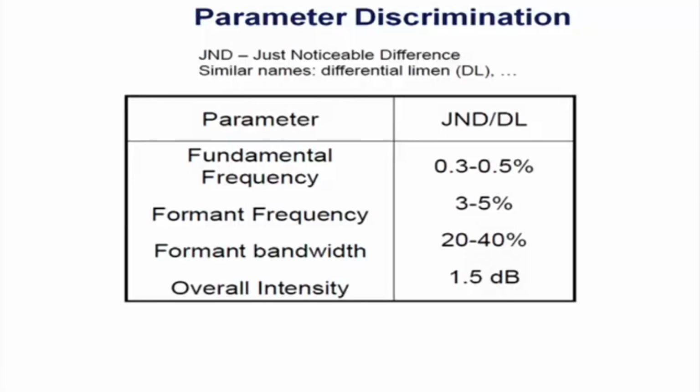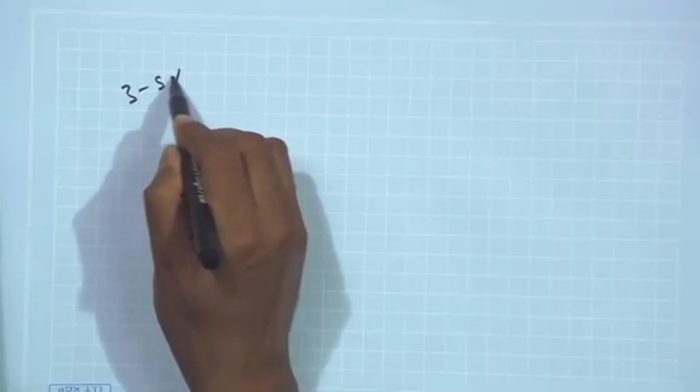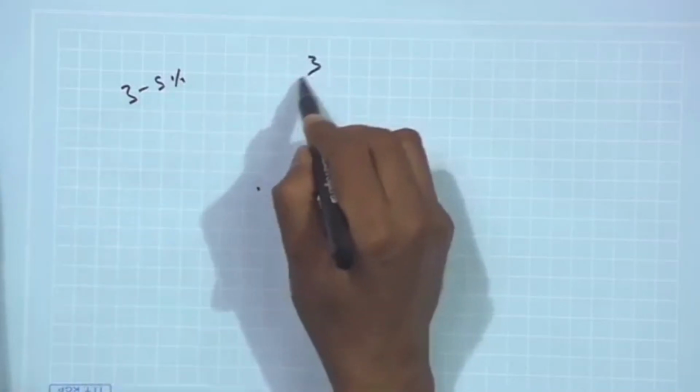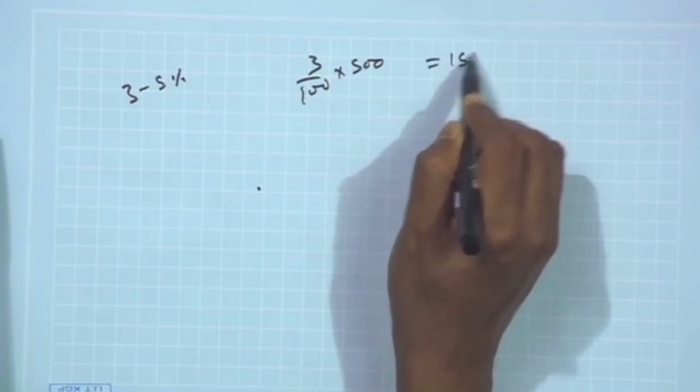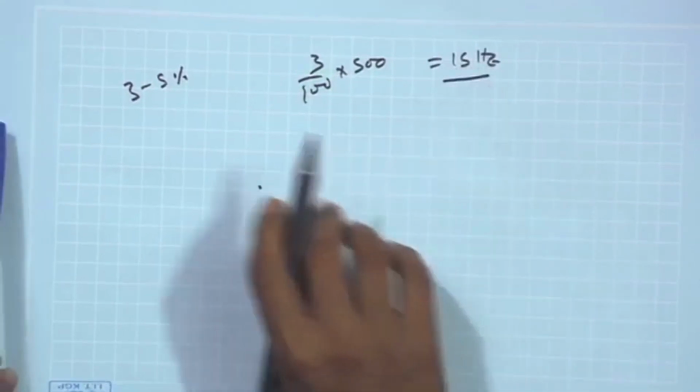Okay. Fundamental, then the formant frequency. The formant frequency is nothing but a formant position in the speech. So, first formant is around 500 hertz. So, I can say 3 to 5%. If it is 500 hertz, then 3 divided by 100 into 500, so almost 15 hertz error in formant, human beings cannot differentiate.